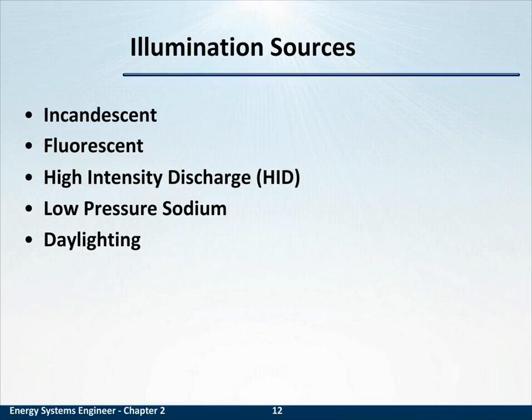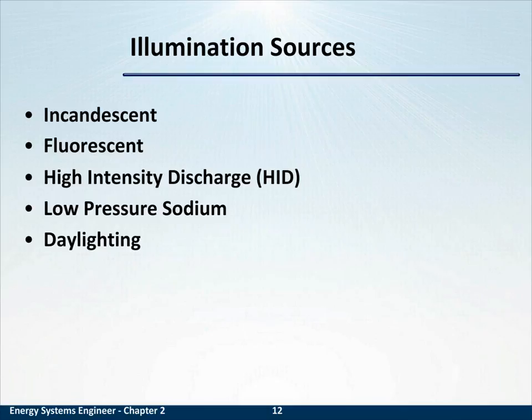Daylighting will be discussed in two different contexts. One, daylight harvesting, the daylighting illumination. Just like any of these other sources that create light, the technology of daylighting brings more natural light into the space, daylight harvesting.